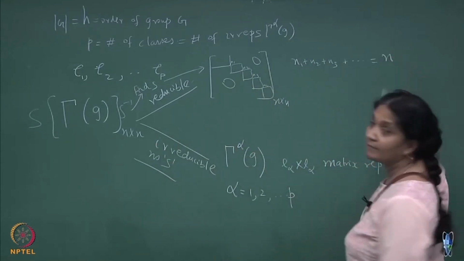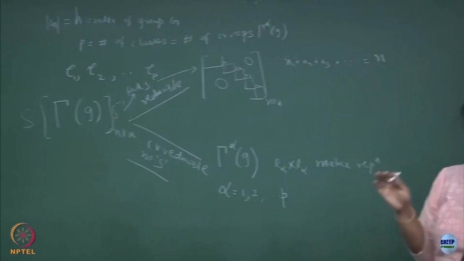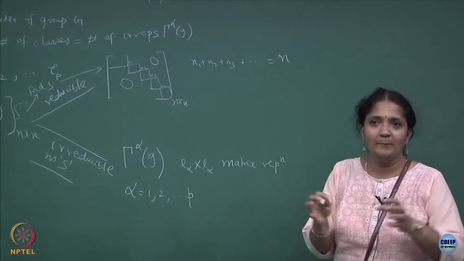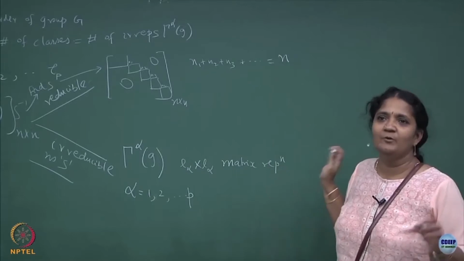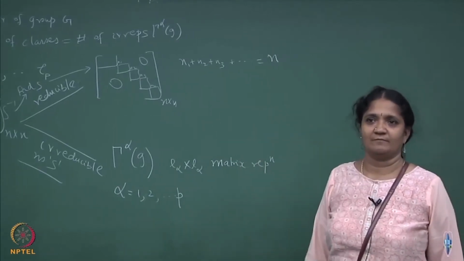The total matrix is n cross n, breaking up into blocks, and the total block dimension should add up to the dimension we started with.